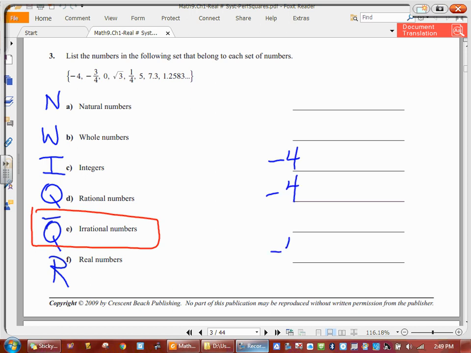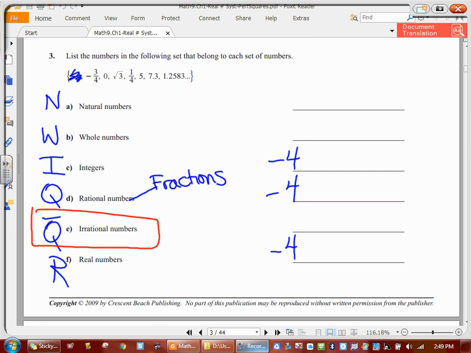Now we're going to deal with the next one. It's a negative fraction. Where do we find fractions? Just rational. This is our fractions, and this is our decimals. What kind of decimals?